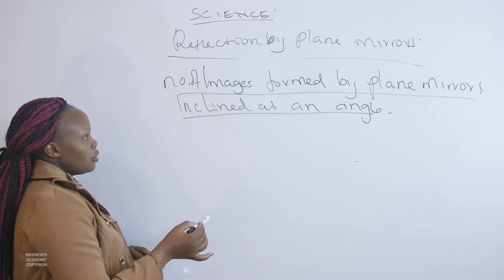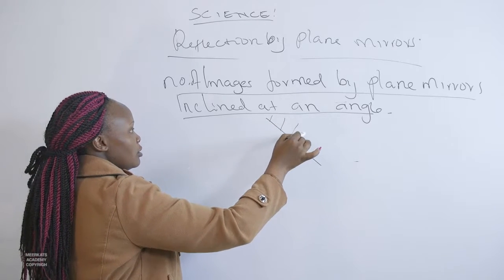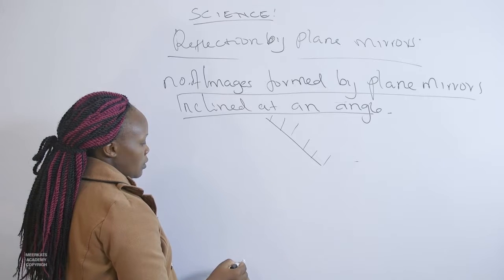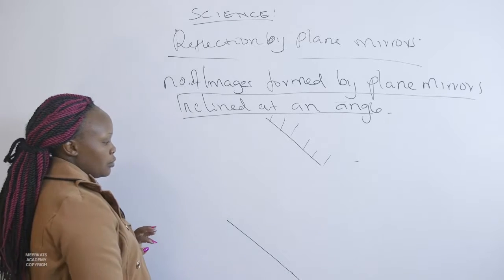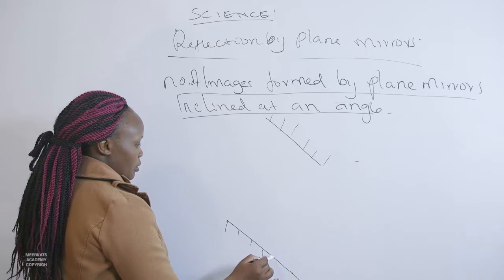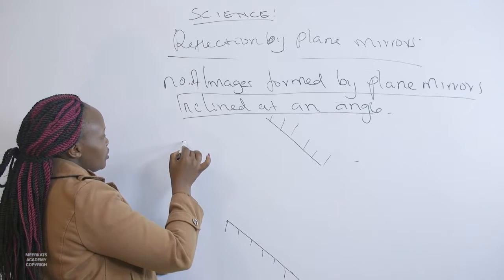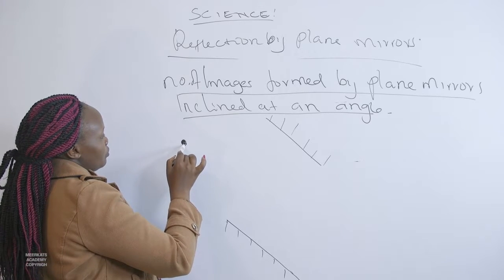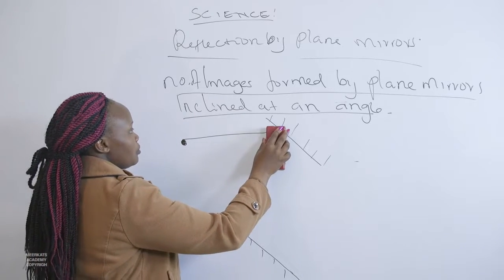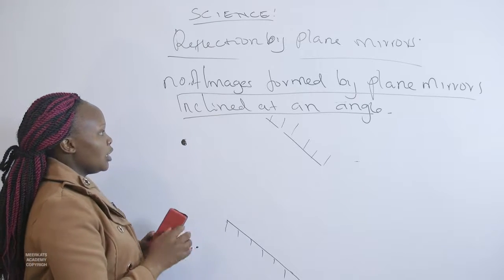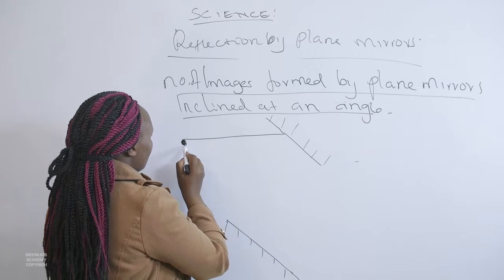Let us say, for example, you have a mirror at an angle, probably 45, to another one. What we mean is, we will have an object from this point, have some rays from the diagram that way.